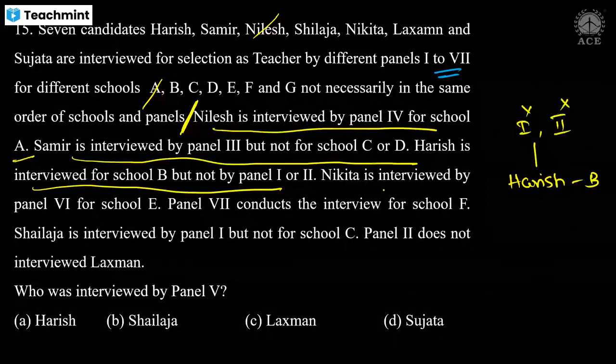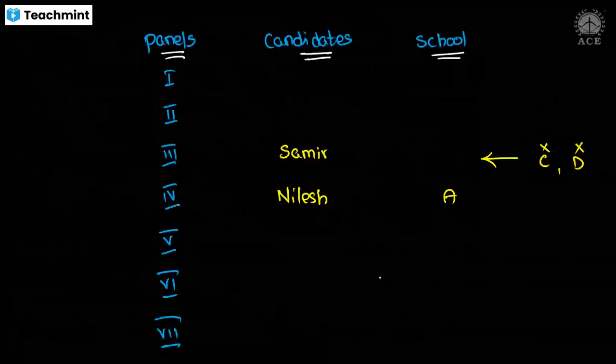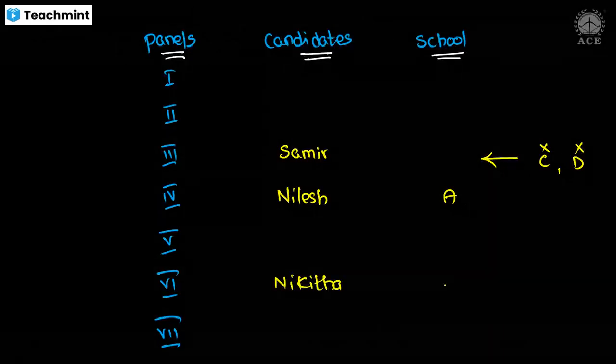Okay, cool. Nikita, this is direct information: panel 6 and school E. Harish is already school B. Nikita is panel 6 and the school is nothing but E.